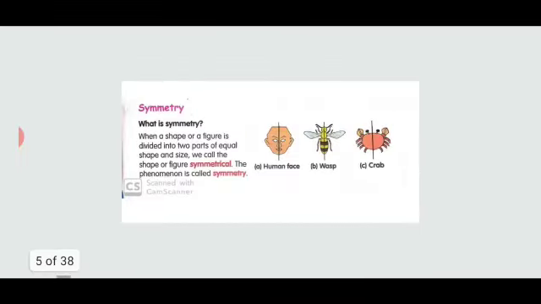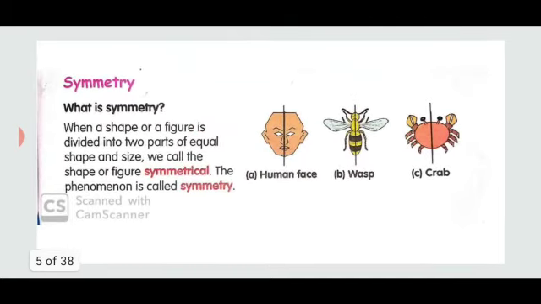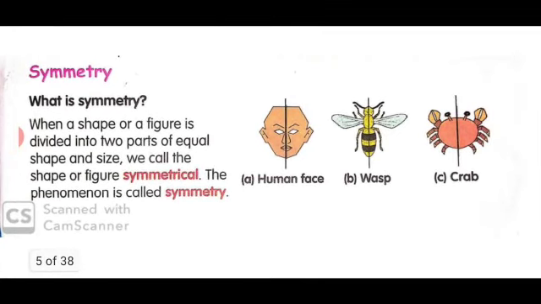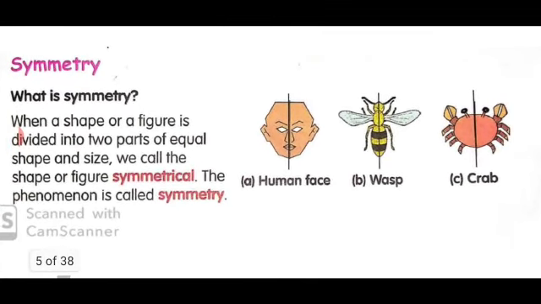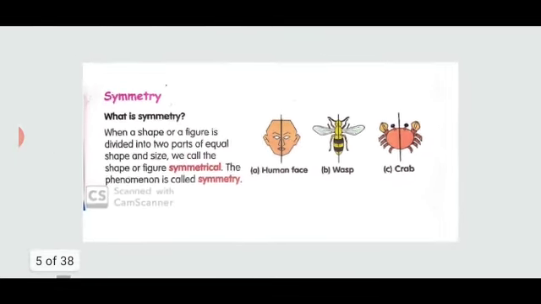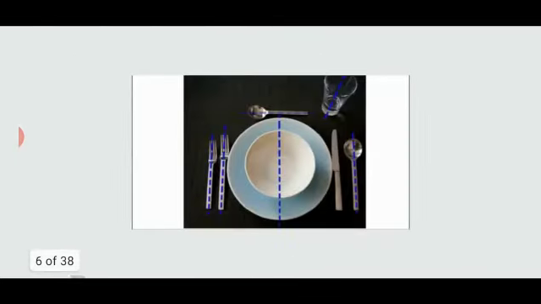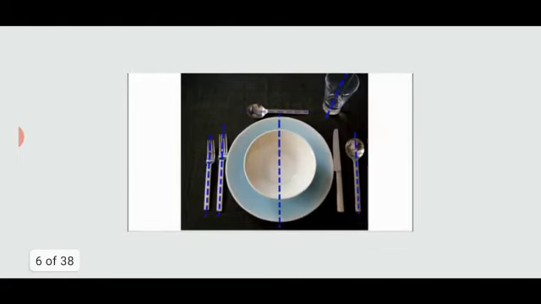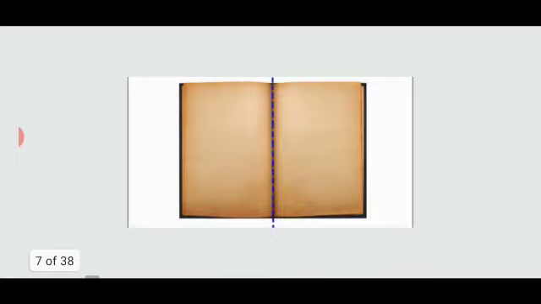What is symmetry? When a shape or a figure is divided into two parts of equal shape and size, we call the shape or figure symmetrical. This phenomenon is called symmetry. Symmetry is something that we observe in many places in our daily lives without even noticing it.